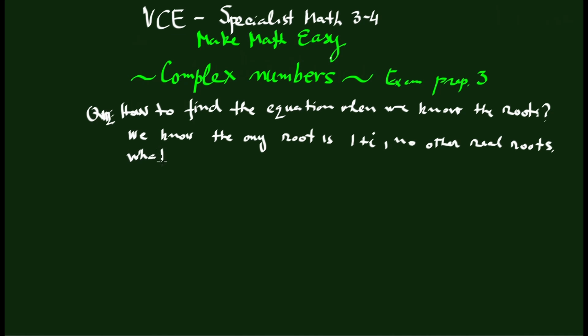What is the equation? So if you have one complex root, we said that they always come in pairs.